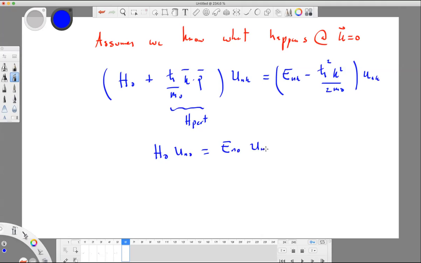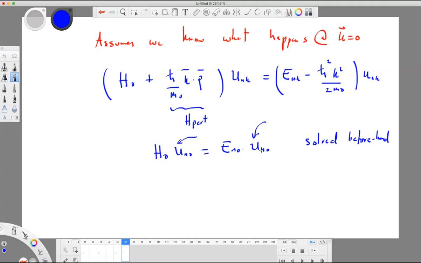N0, U0. This is solved beforehand. Okay, so we know these functions here. Actually, in what are called the high symmetry points of the dispersion relation, we can solve these expressions even by hand.